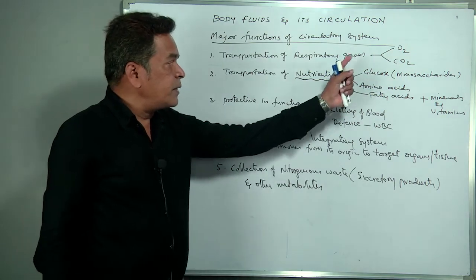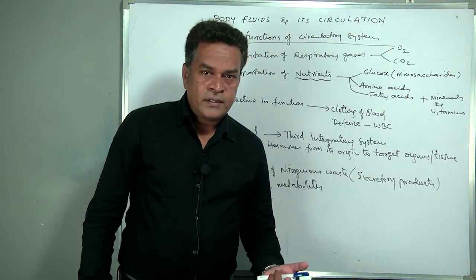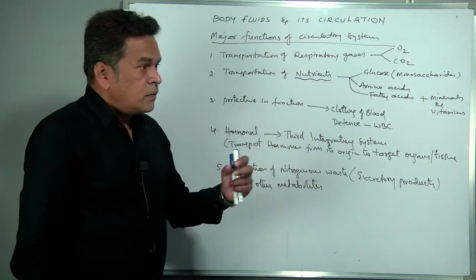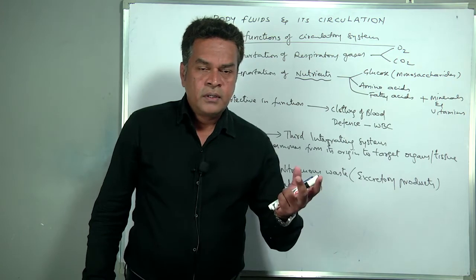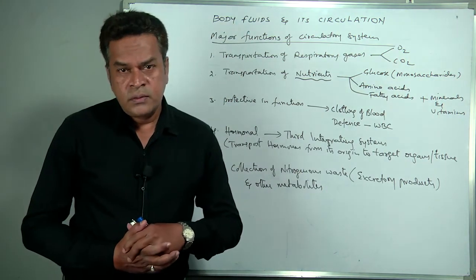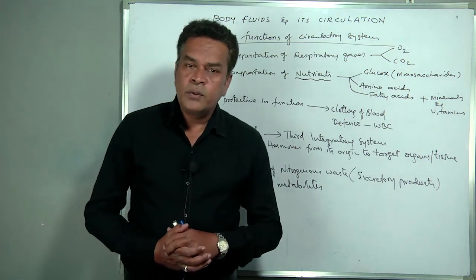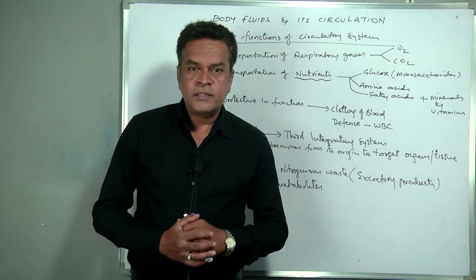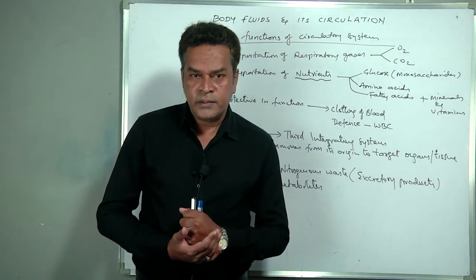Oxygen will be supplied by the respiratory system through the exchange of gases. That means from the lungs, the blood distributes the oxygen to all the tissues of the body, to all the cells, because cells continuously require two important things: one is a continuous supply of oxygen, second is nutrients.